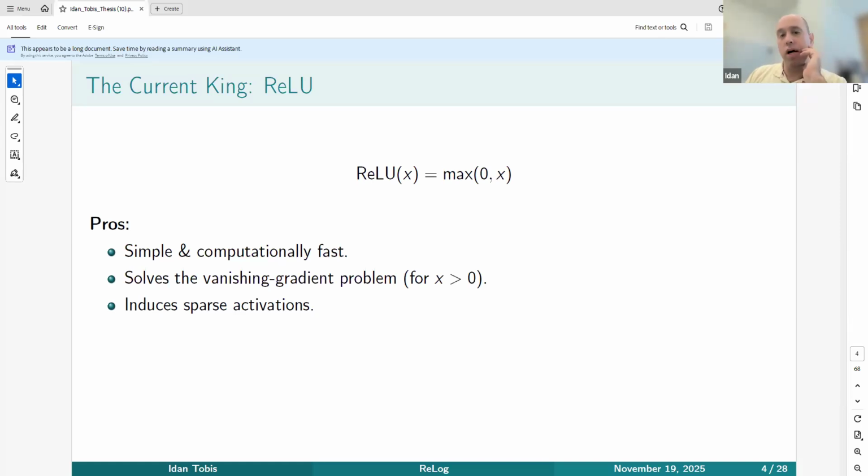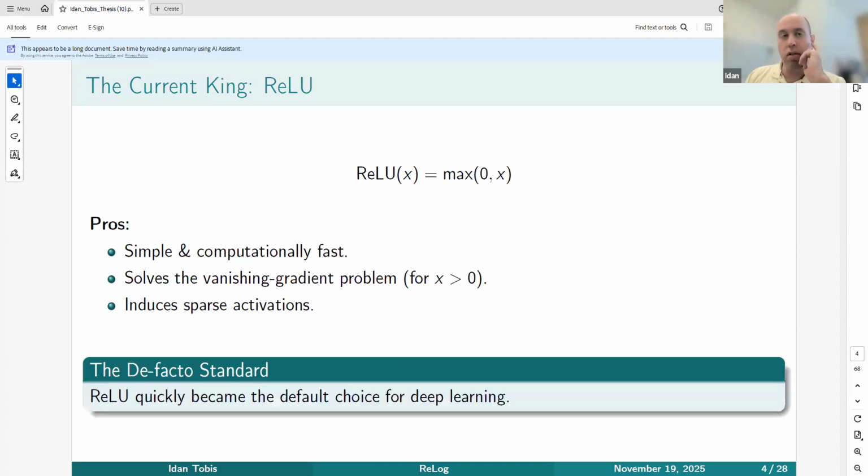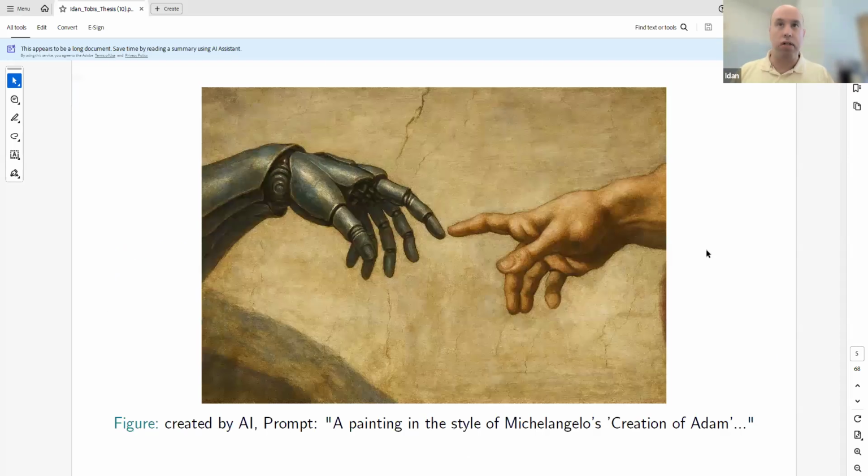ReLU always has a gradient of 1 for positive inputs. And what it does, as Bengio and LeCun showed, is that it induces sparse activation, so it's also fast to calculate. So there's no surprise that this became the de facto standard for deep learning neural networks in general tasks. Let's talk about generative tasks later, but in general tasks.